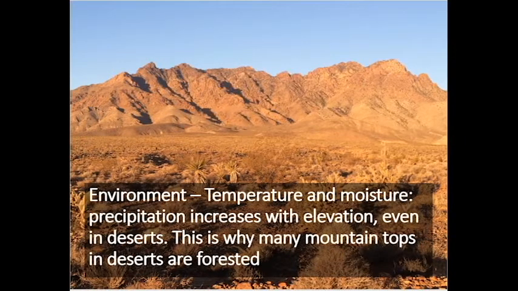So as you go up mountains, the ecosystem becomes wetter and it becomes cooler. And as you increase precipitation and decrease temperature, you are more likely to transition into an ecosystem that is dominated by forest.